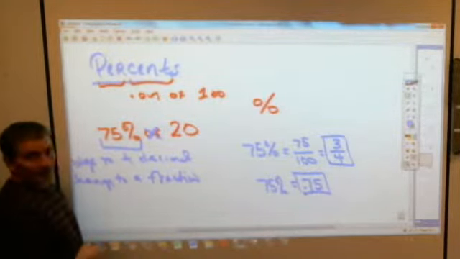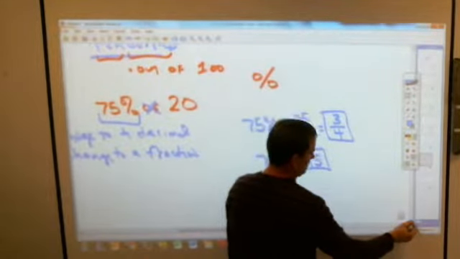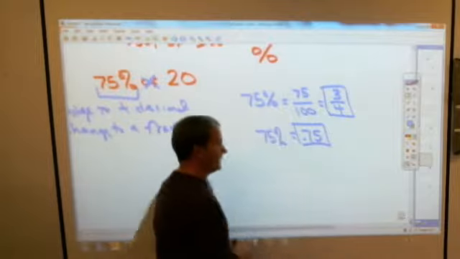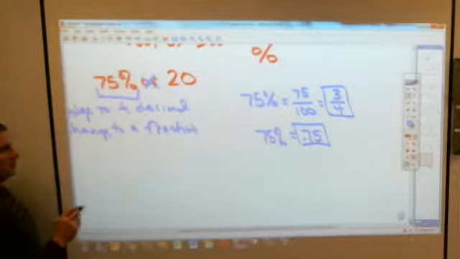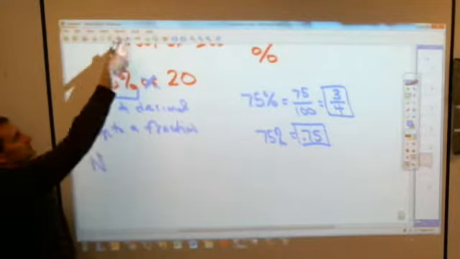Now before we go any farther, I need you to write this down for me because I have 8th graders and 7th graders who still are stuck on this concept here.